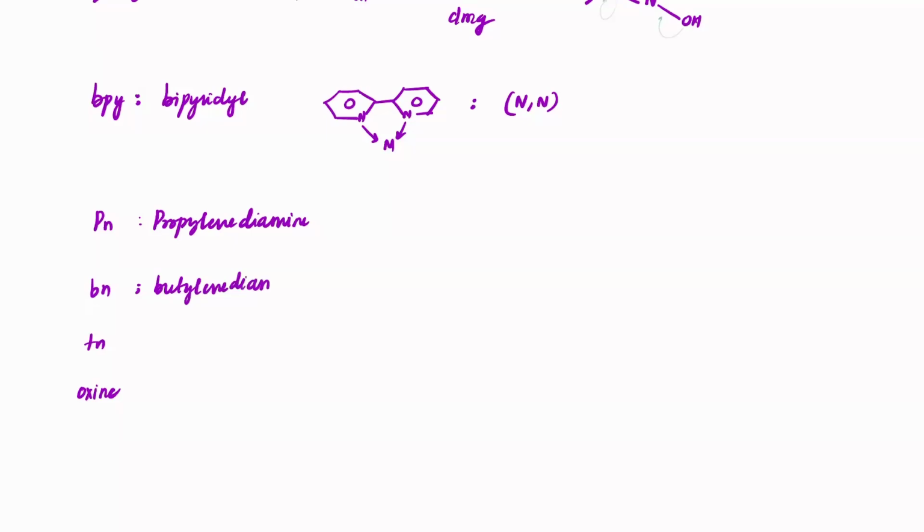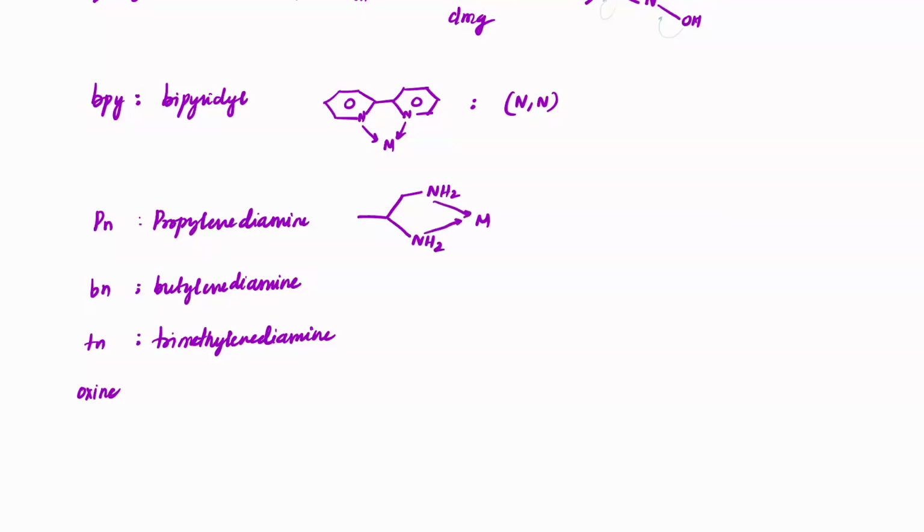This is trimethylene diamine. So all of them are diamines. Just the representation differs; some of them are isomers, some are just representation differences. For example, here it is propane having NH2 on one position and two position, and that is connected to the metal like this.